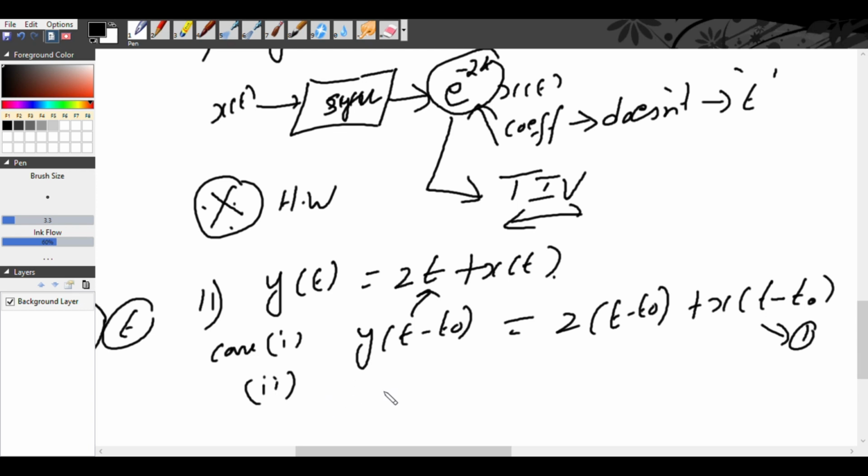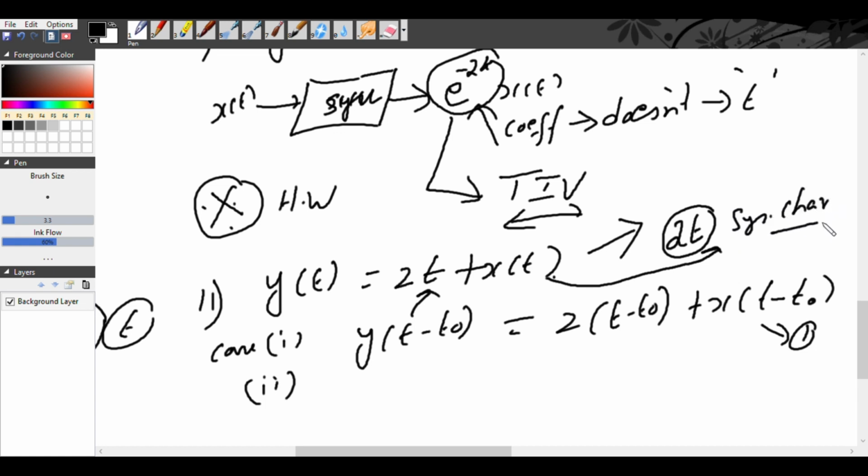Then we need to check the output. What is the characteristic of the system? Whatever input you give, it adds 2t to the input. That is the system characteristic. So what will happen on the output side? y of t is equal to 2t plus, since we have given a delay on the input side, x of t minus t naught.